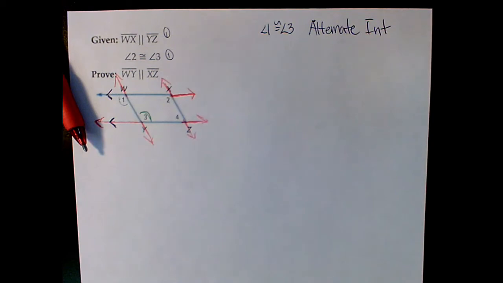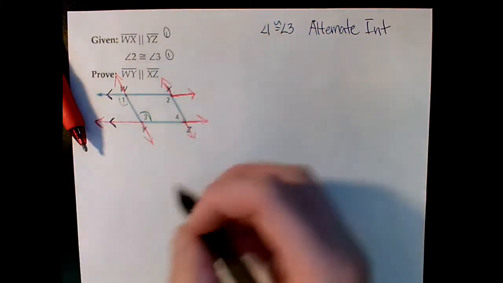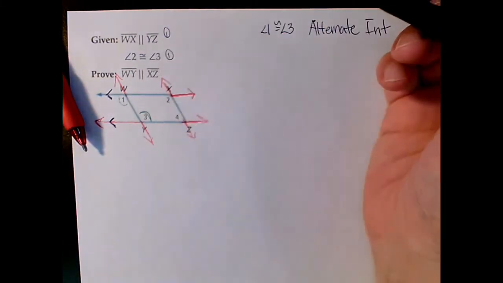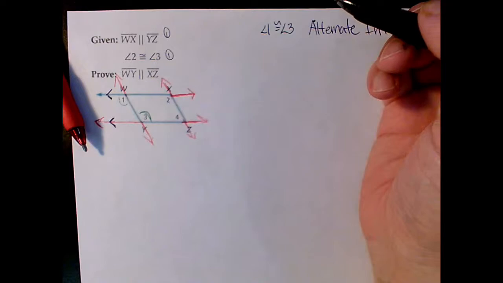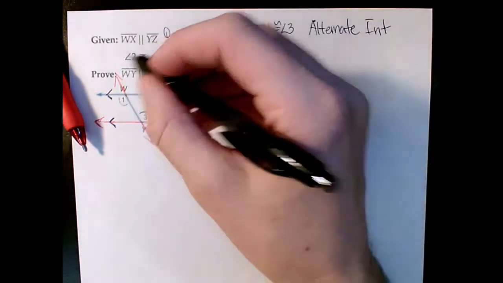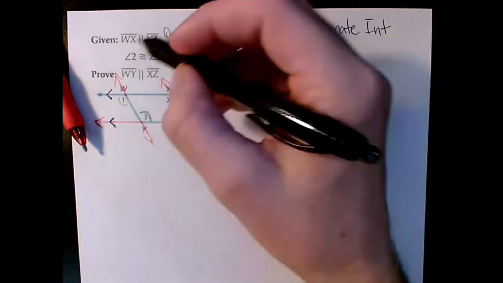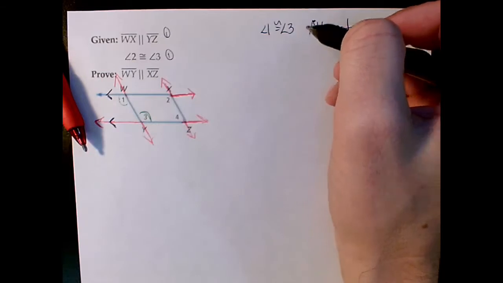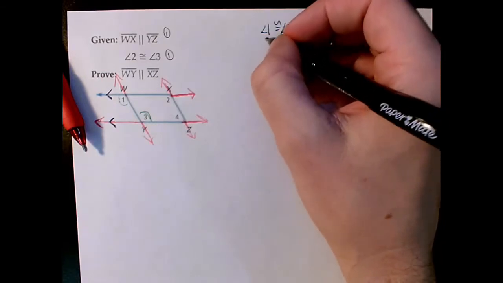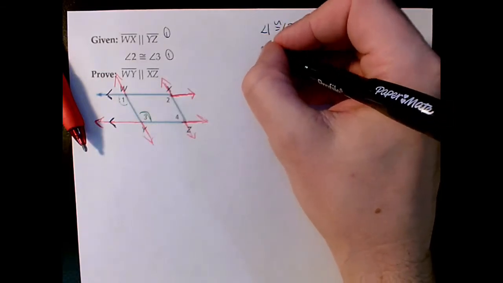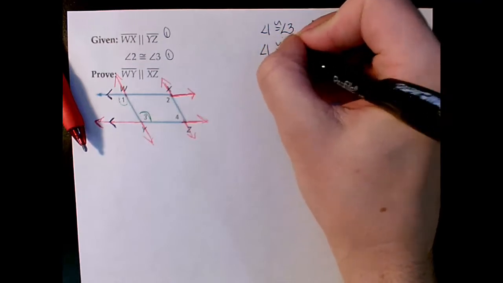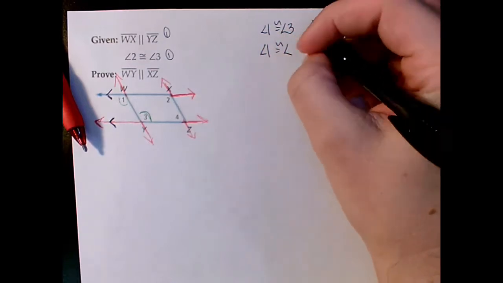Okay. I need to somehow find a way to, well, hold on. This is actually good. Because I know that 2 and 3 are congruent, which means if 2 and 3 are the same and 1 and 3 are the same, then that means by transitive property, 1 is congruent to 2.